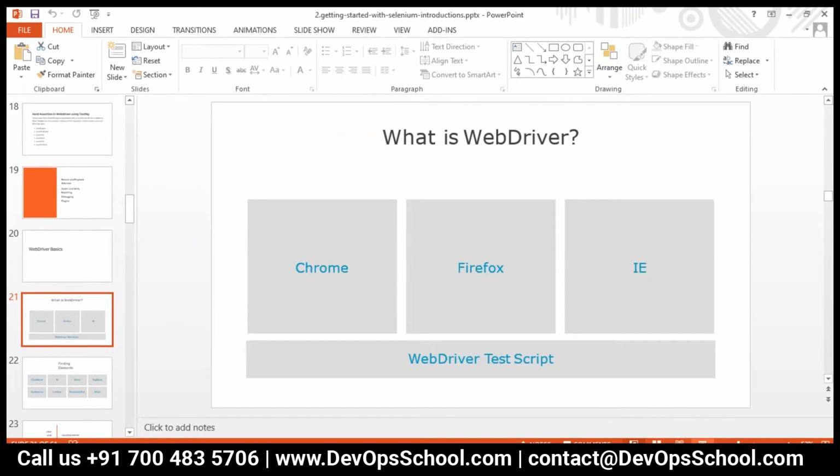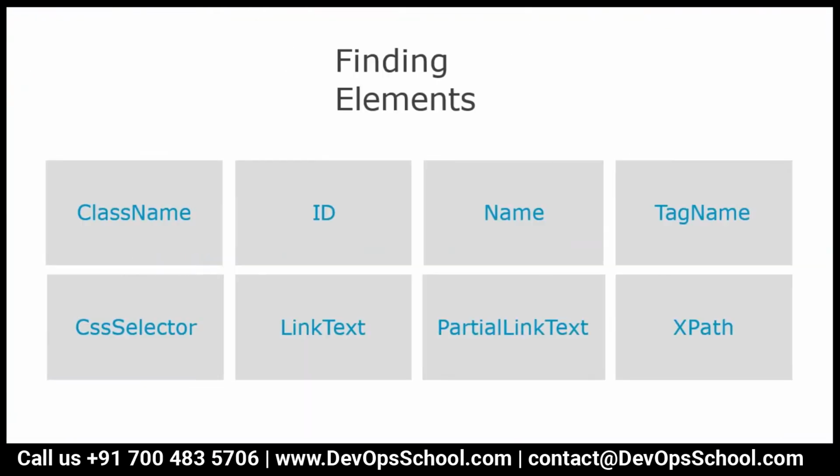So using the WebDriver, you write a script. You write a script through different programming languages, like Java, which is very frequently used, and using that you can find the element actually.